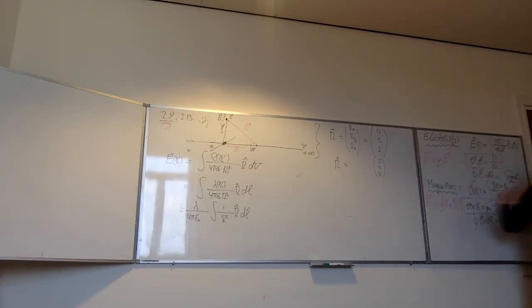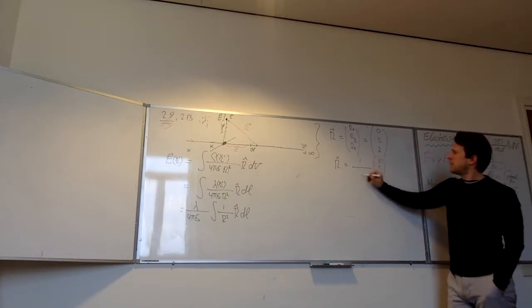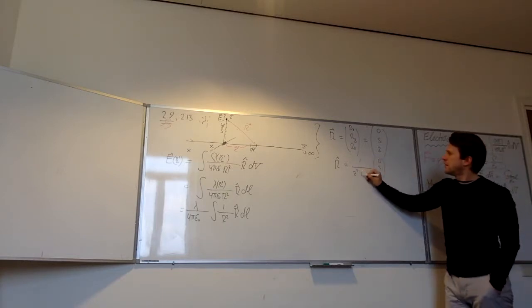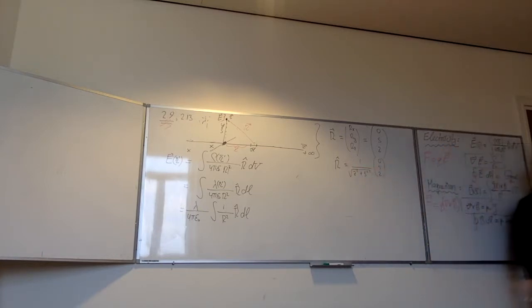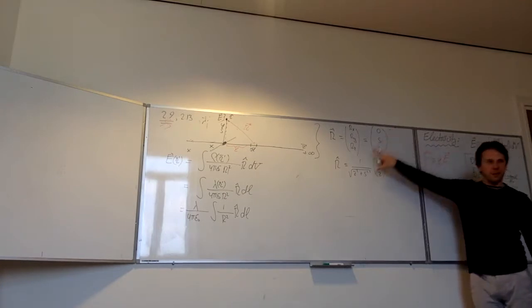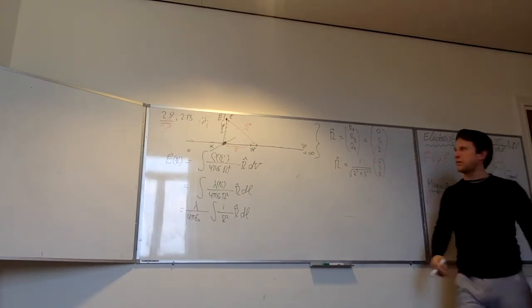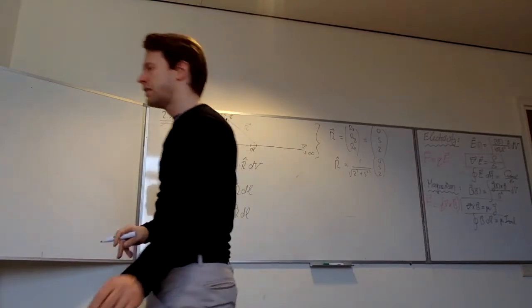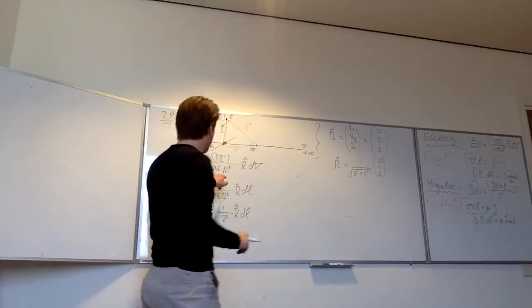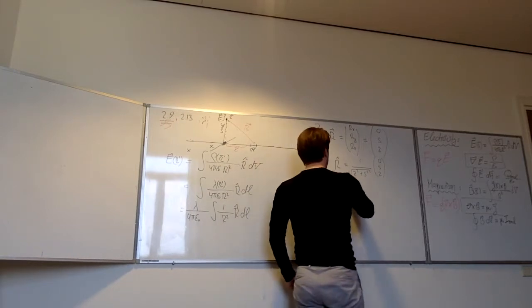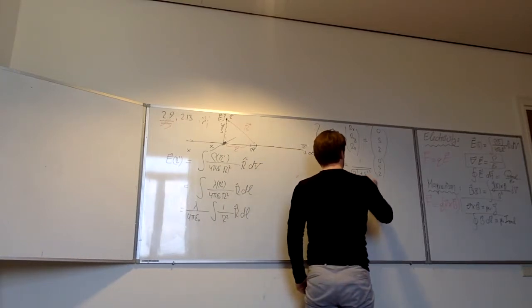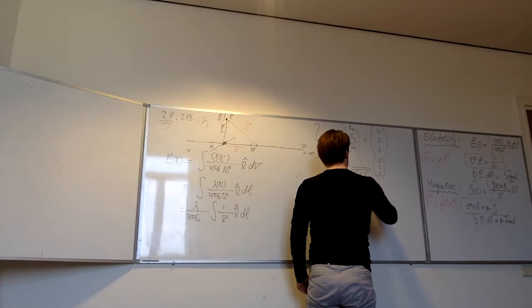Square root of s squared plus z squared. Yes, this is right. It's this thing that tells you what direction it is, and it's this thing that tells you that it has a unit length. And we need the unit length part. That's good because we also need the total amount of length. Well, that's this number, of course. So r squared, what we're also going to need, is going to be z squared plus s squared.